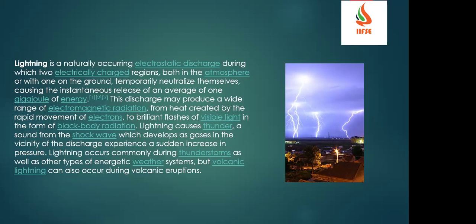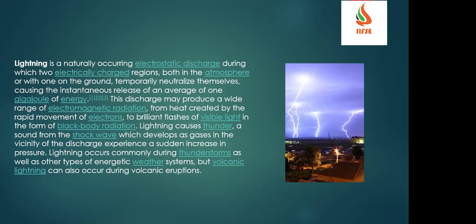From heat created by the rapid movement of electrons to the brilliant flashes of visible light, you can see the visible light from far distances. In the form of black body radiation, the lightning occurs, and thunder is a sound from a shock wave which develops as the gases in the vicinity of the discharge experience a sudden increase in pressure.